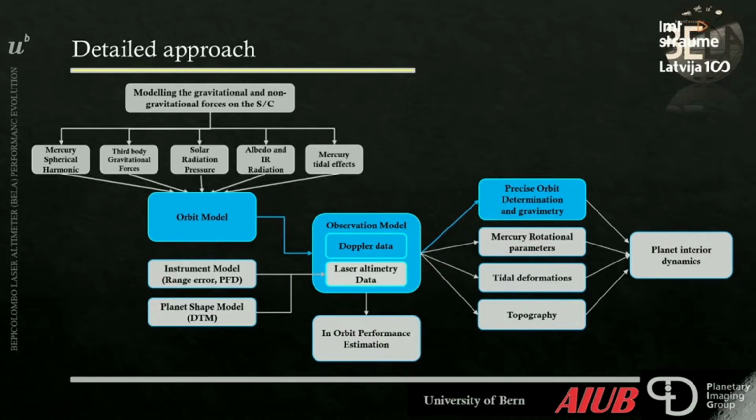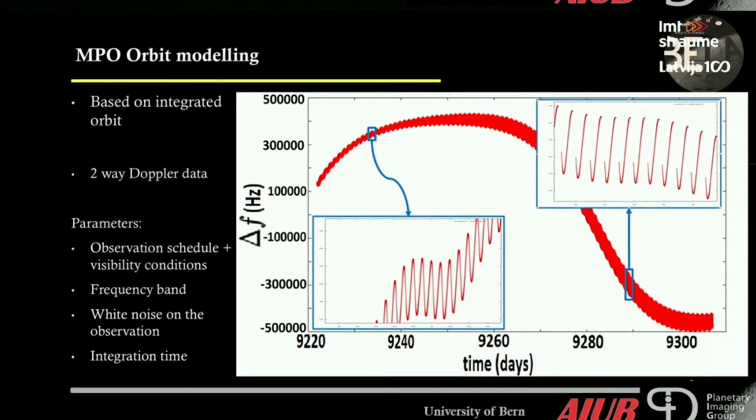The synthetic observation model contains Doppler observation and laser altimetry observation. We want to use this observation model to do a precise orbit determination. First of all, I will focus on the Doppler part, and then I will go to the laser altimetry.